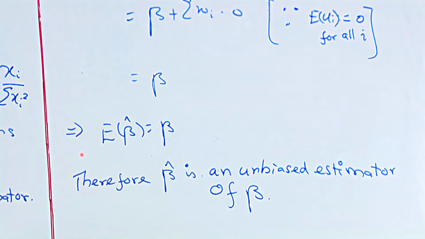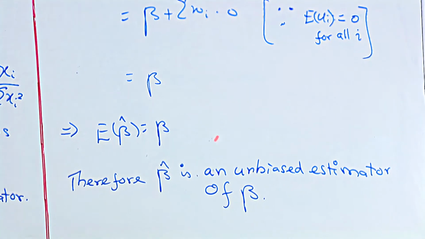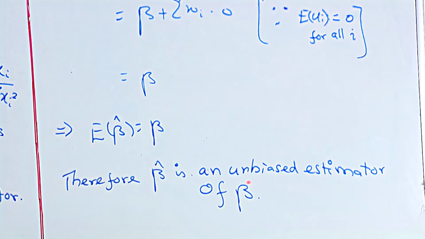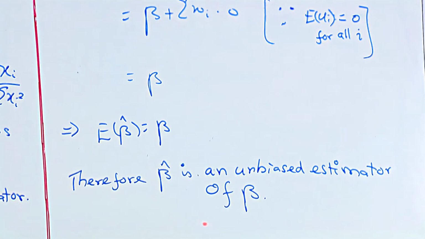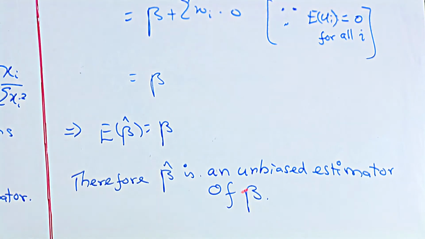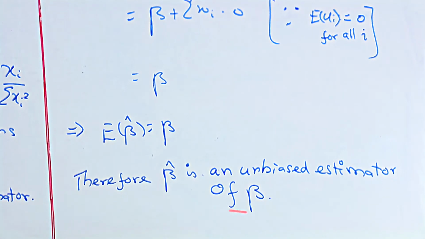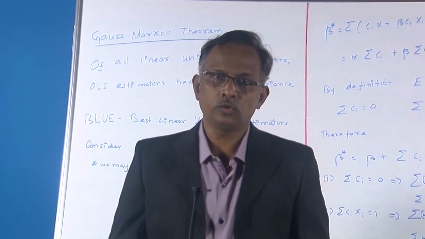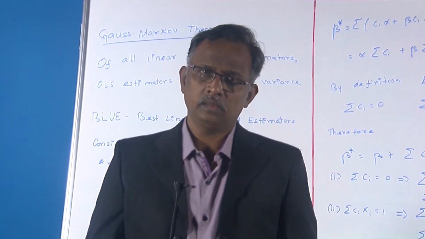This is the definition of unbiasedness, and so we may conclude that beta hat is an unbiased estimator of beta. The same kind of derivation can be done for alpha hat also. So in conclusion, beta hat and alpha hat are unbiased estimators. We have so far seen OLS estimators are linear and unbiased.